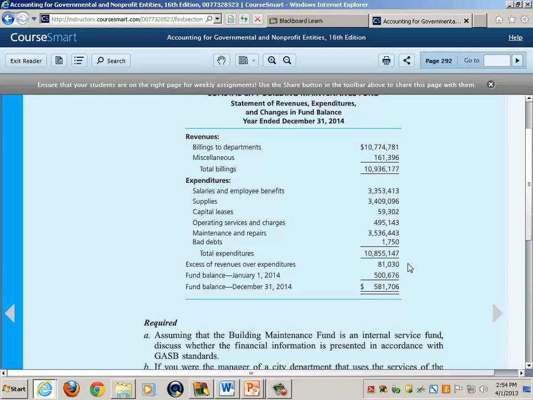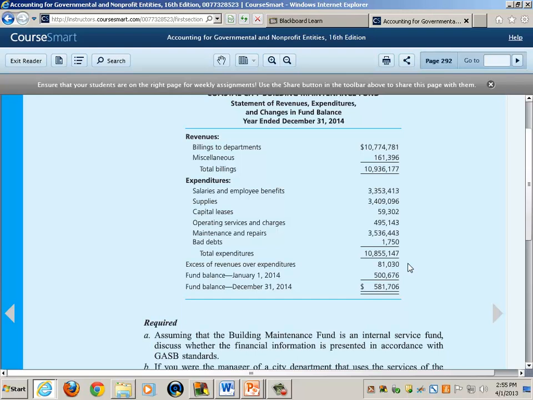What is it? 0. Because on the general fund balance sheet, do we recognize capital assets? No. And that's why I said it sounds like you would have 15,000, but it says general fund balance sheet. If I changed this and said on the government-wide statement, what would your answer be? It would be 15,000, right?